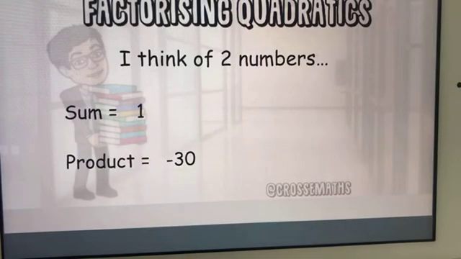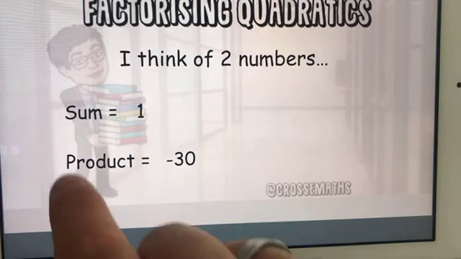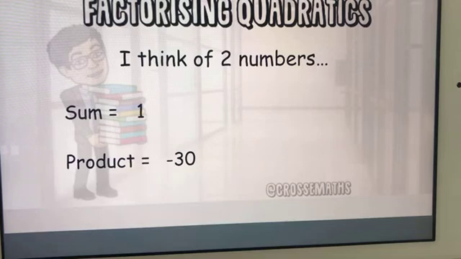Right, harder again. Got to add to make 1 and times together to make minus 30.